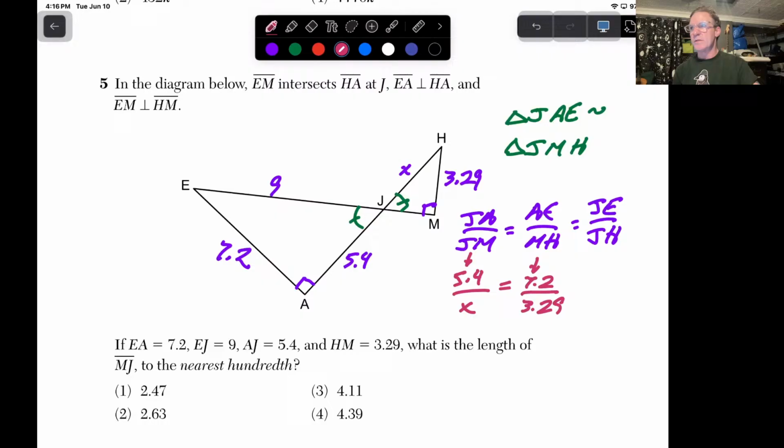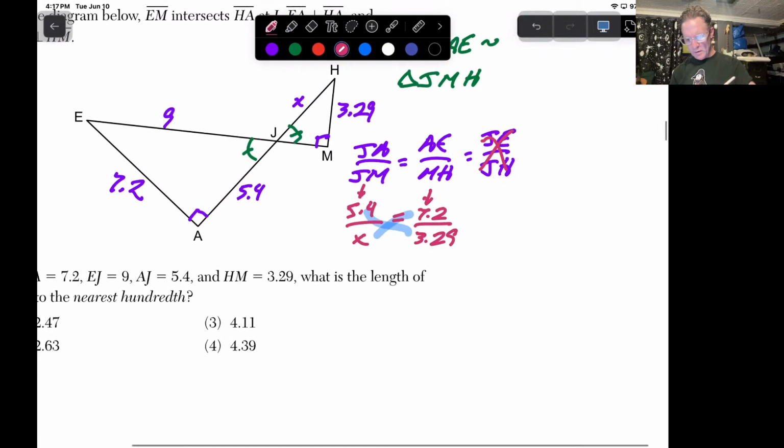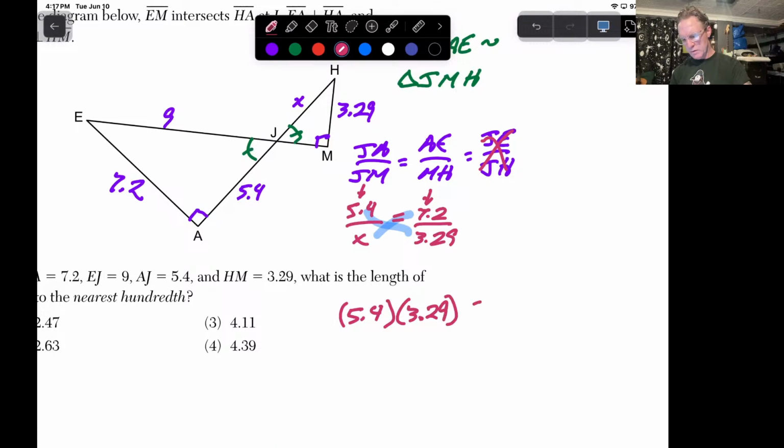Okay, now that I have that all set up, what do we have to do? And by the way, this part is not even part of the problem, so I don't really need that. So I'm just going to cross multiply. So if I cross multiply, what am I going to be left with? I'm going to be left with 5.4 times 3.29 equals 7.2x.